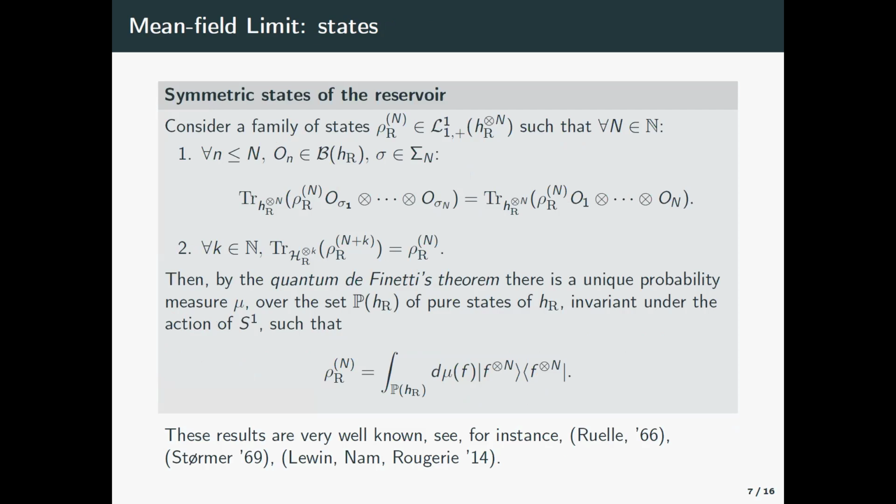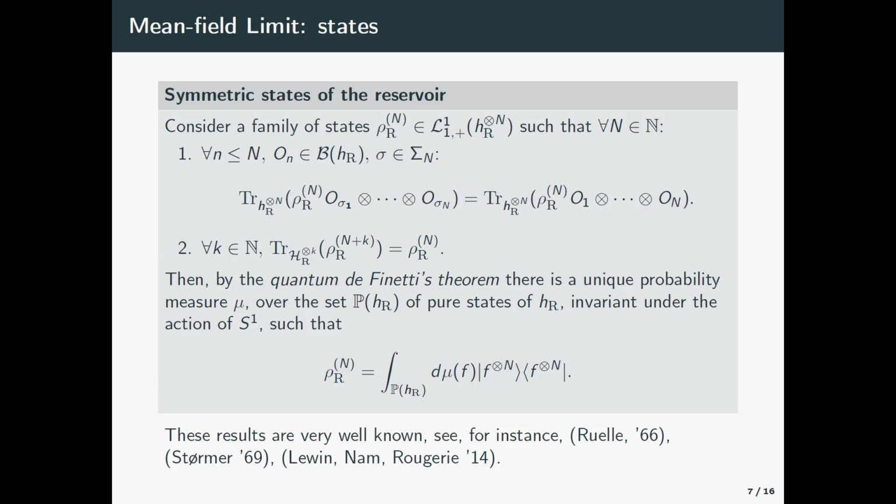In fact, the question is what are the states which are suitable for this. The states which are suitable are symmetric states, so we consider families of density matrices which have these consistency properties, and they're symmetric.